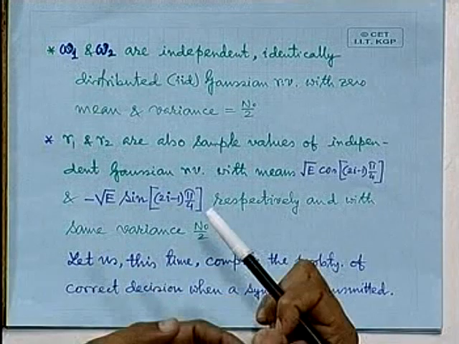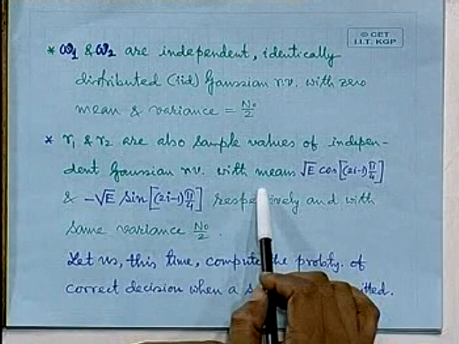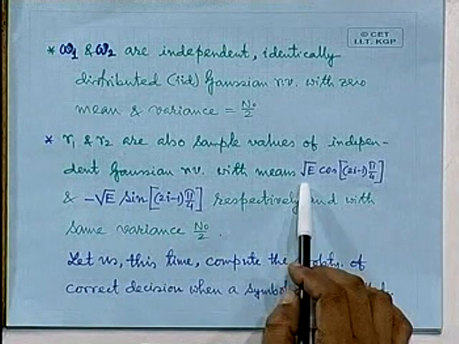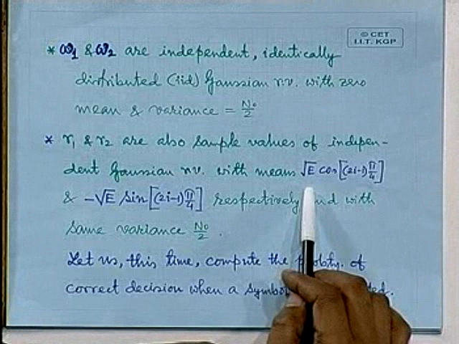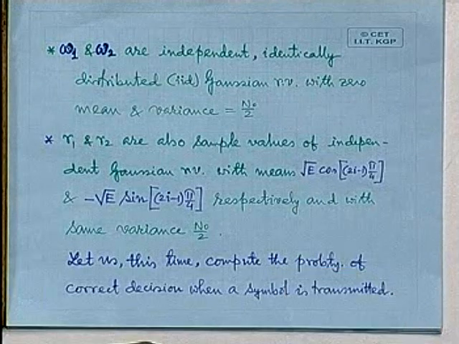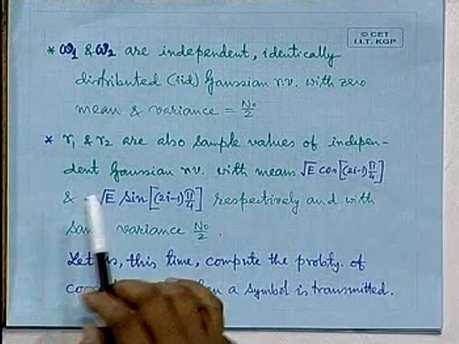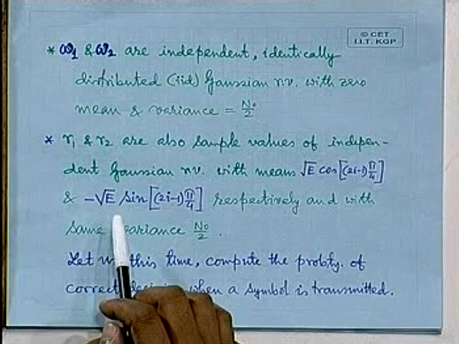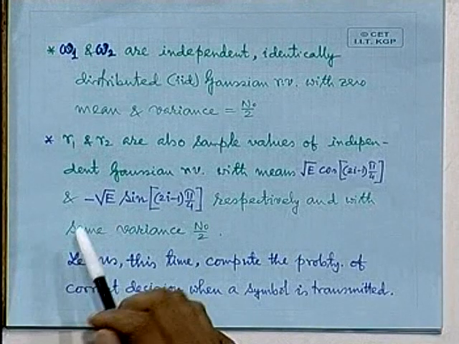That means they are also Gaussian random variables, with mean of R1 being the mean of SI1, if you remember, and what is that? Root E cos 2I minus 1 pi by 4. Is that okay? And mean of R2 is root E sin 2I minus 1 pi by 4, the same as that of SI2.